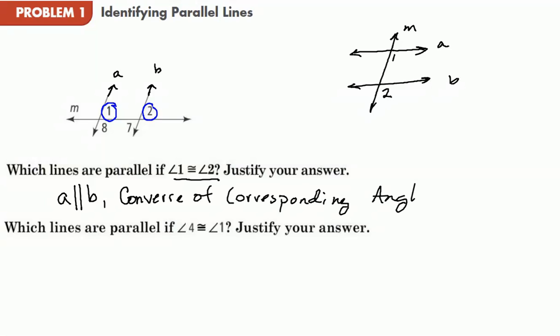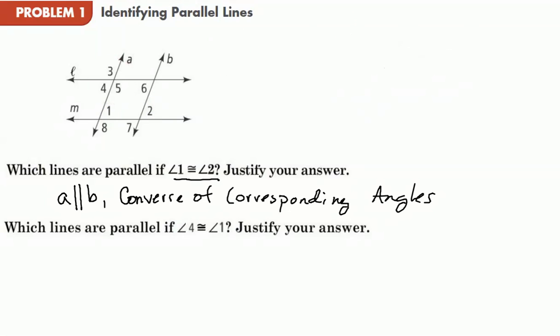Okay, let's look now at the second one. Same thing: which lines are parallel if angles 4 and 1 are equal to each other? So let's locate 1 and 4. Here's 1, here's 4. If I ignore this part right here, I'm just going to scratch it out. That means that 1 and 4 are alternate interiors.